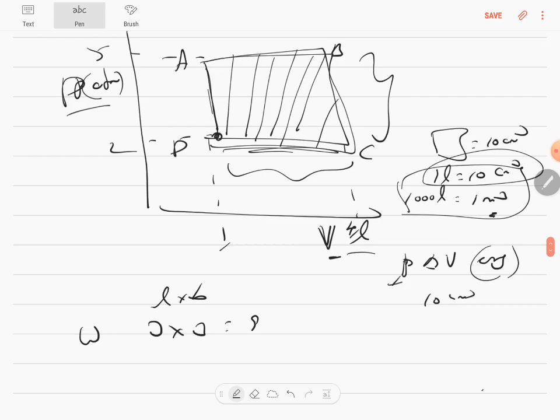And the CGS unit of pressure is, let's see, it's 3 into 10 to the power 6. Where have they specified that? And AD is 3 into 10 to the power 6 dyne per centimeter cube.